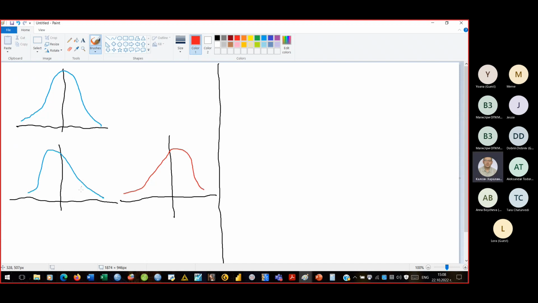In this case, the right tail of distribution is longer than the left tail of distribution, and the distribution is right skewed.